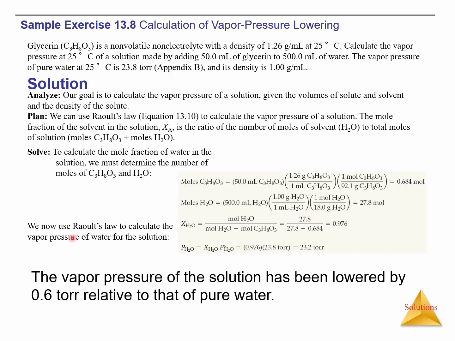We now use Raoult's law to calculate the vapor pressure of water for the solution. X of water equals moles of water over total moles, which is 0.976. Vapor pressure of water equals the mole fraction of water times the vapor pressure of pure water, the one we are given here. So it is 23.2 torr.